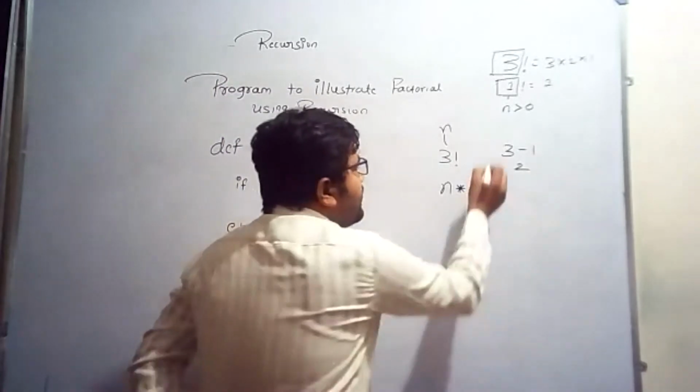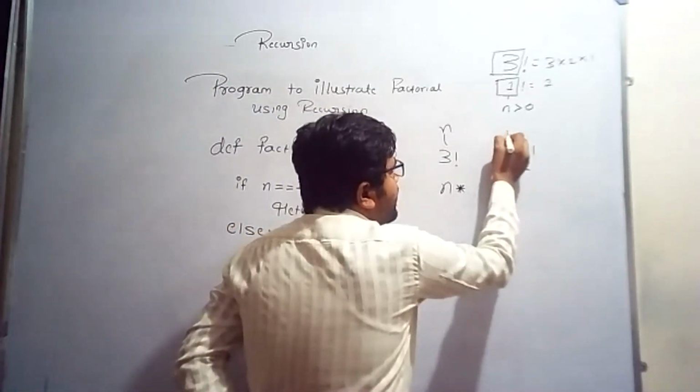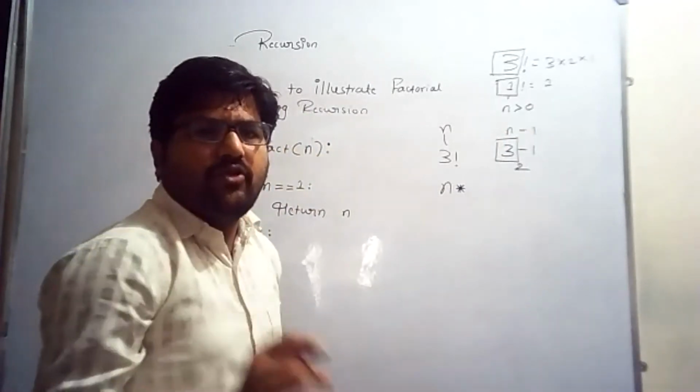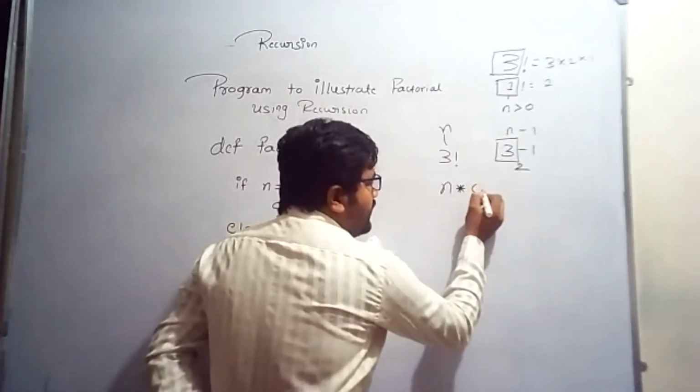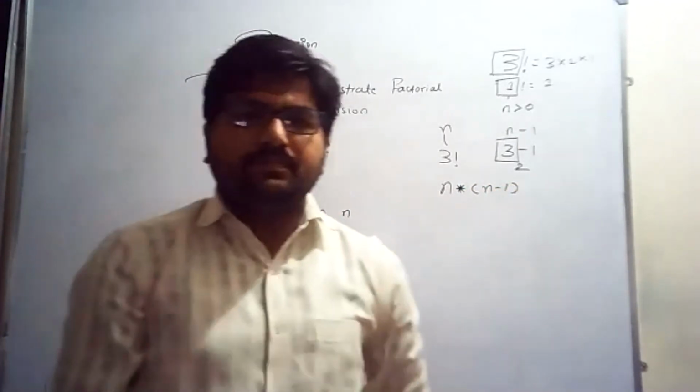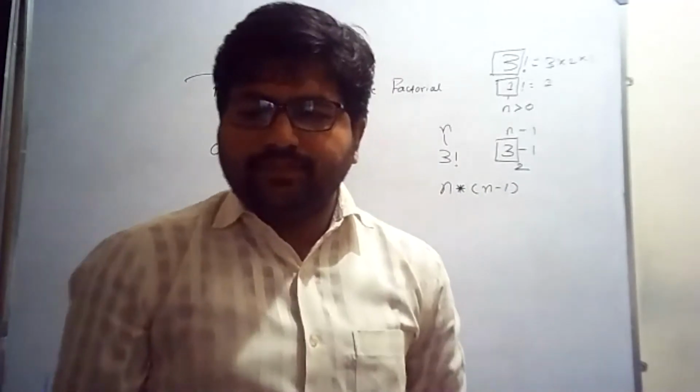Correct, right? So n into n minus 1 is the formula now. Am I right?